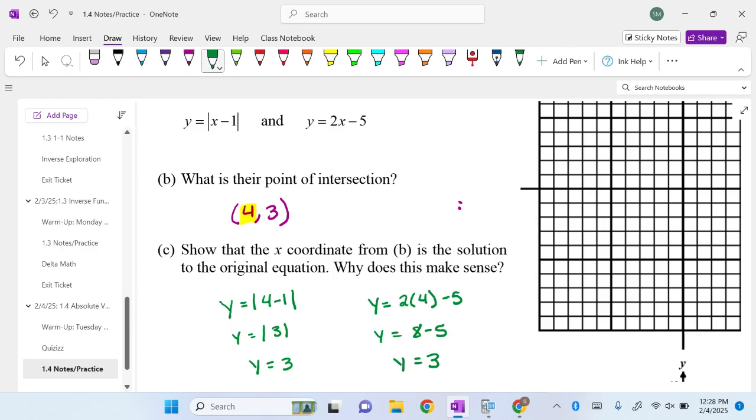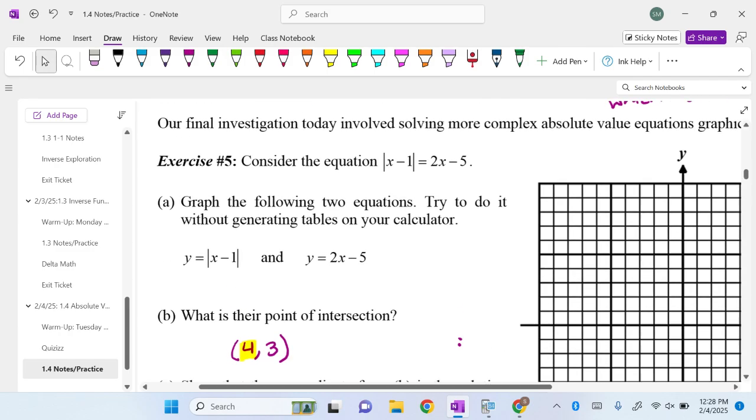So yes, it works. And again, it makes sense because recall back to Math 1 when you were solving systems of equations. The point of intersection, or where they cross, is where both of those equations are equal to each other at that one point. So the x value would be the value of x that would make both of those equations equal to each other.